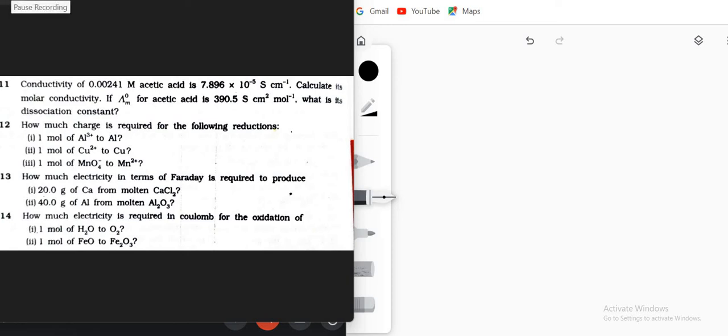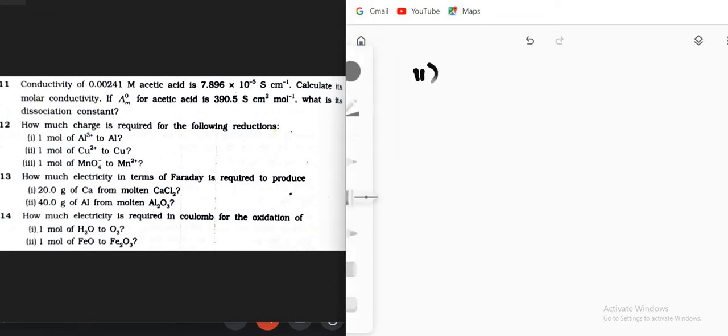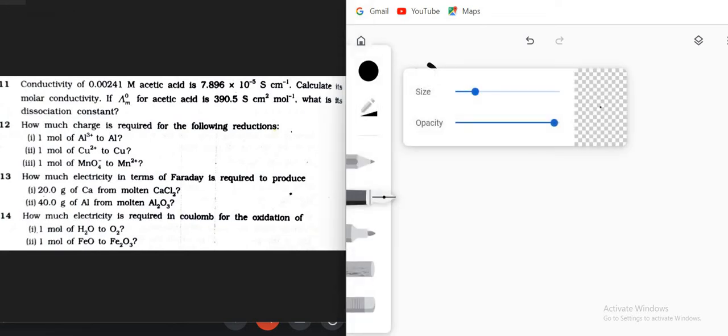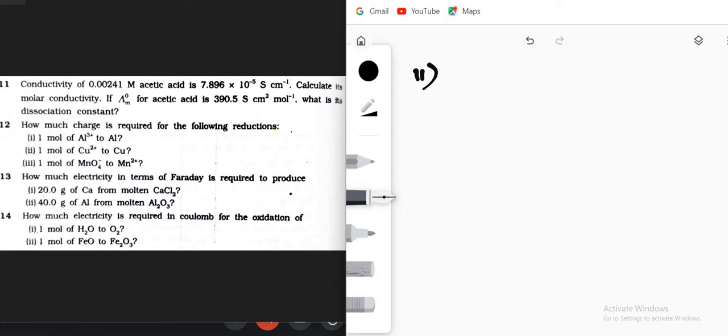Question number 11: conductivity of 0.0024 molar acetic acid. So the acetic acid concentration is given, 0.00241 molarity, and for this solution the conductivity is given.